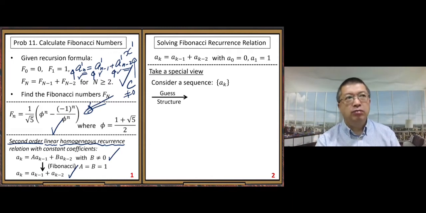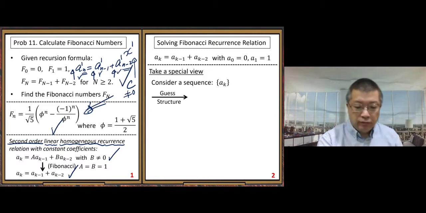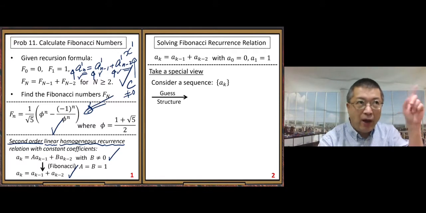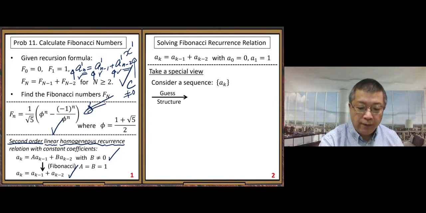In that problem, let me quickly recall that equation and connect it to this one. That recurrence relation, the original one, C sub n equals 2 C sub n minus 1 plus 1, right?